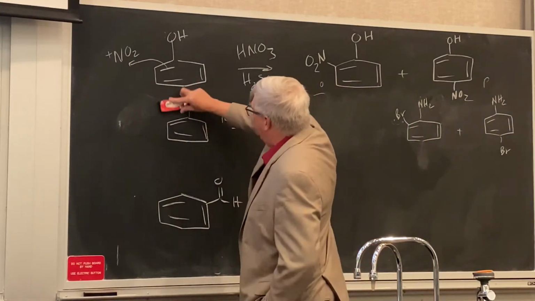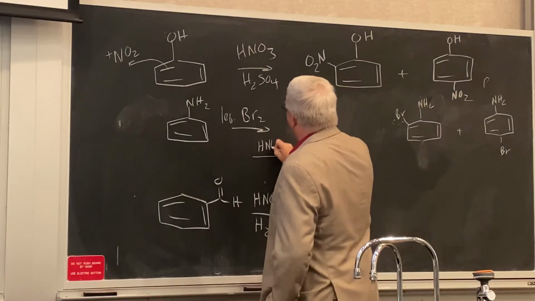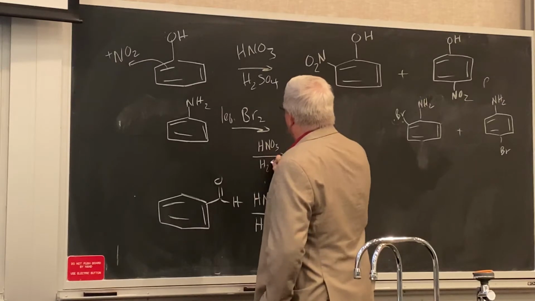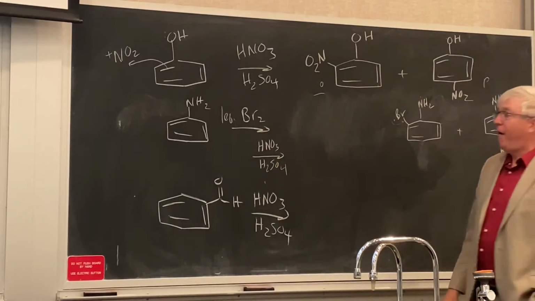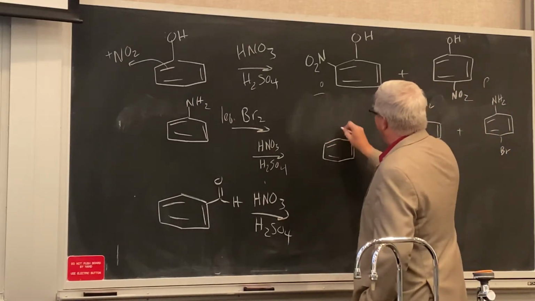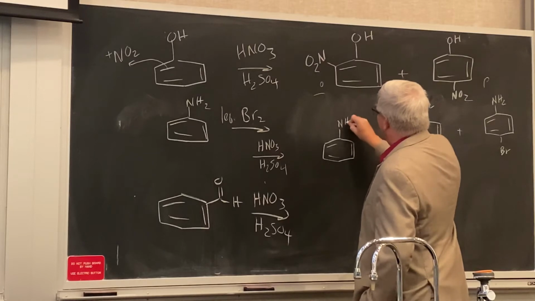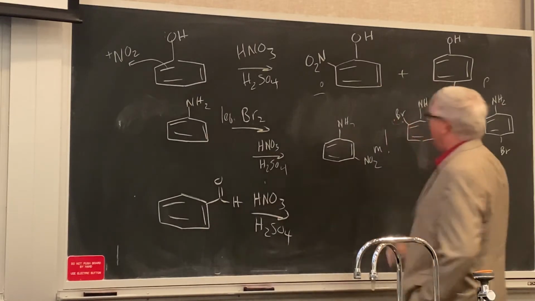If we do the reaction of aniline under acidic conditions and try to do a nitration, look what happens. It does nitrate, okay, but it gives not the ortho and the para product. Under these conditions, it actually gives the meta product.